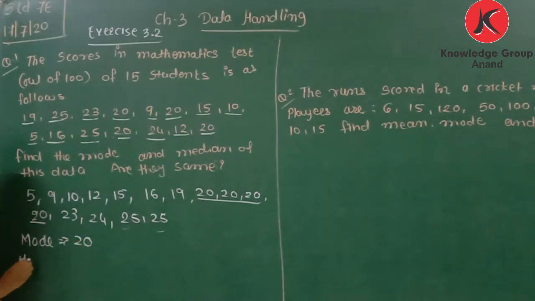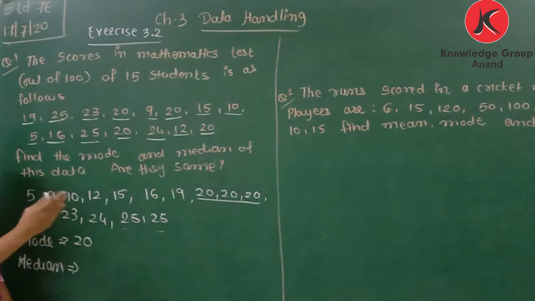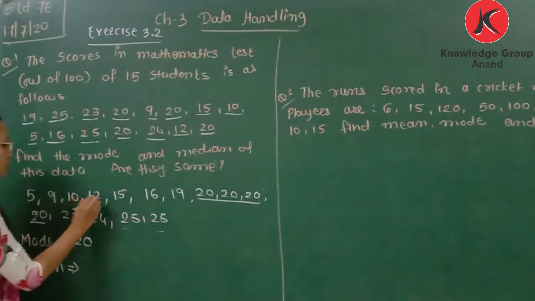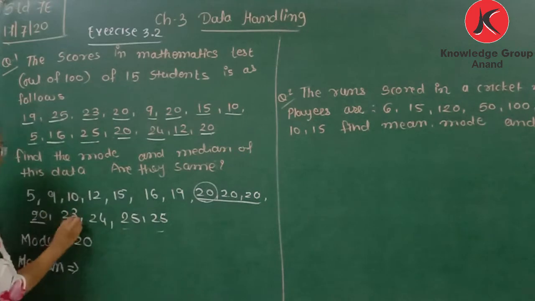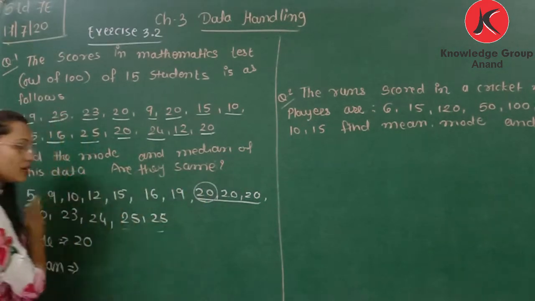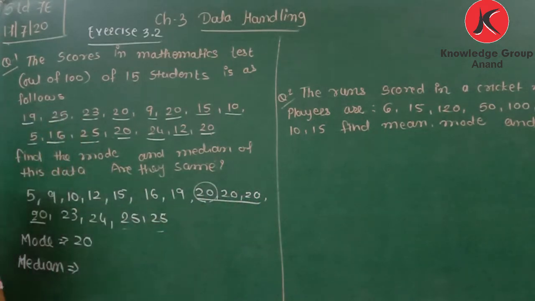Now median. Median means central value. Now if you divide 15 into 2 parts, that is from the center 7 on the right side and 7 on the left side. So 1, 2, 3, 4, 5, 6, 7 on each side. So from this 20 there are 7 numbers on the left side, and from this 20 there are 7 numbers on the right side.